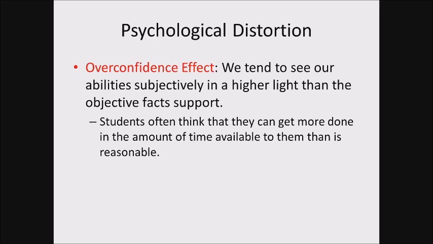So even though objectively we're being told that we're not as good as we think we are, we tend to ignore that, or that we can or can't do something based on our actual abilities. I see this all the time in students who have very little time but assume that they can get 1,000 things done. Oh, I'm off work tonight, therefore I can do an entire research paper and get that to you tomorrow. Can't tell you how many times I've heard that one.